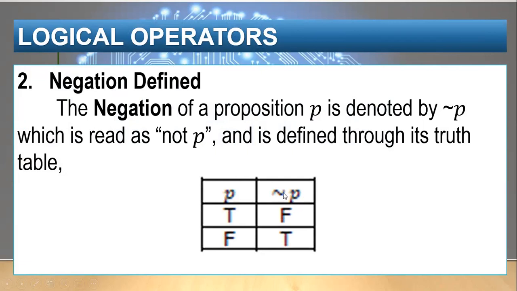Okay, so not P naman, kabaligtaran. So for the first row, we have P is true. Then yung not P, since not nga siya, negate or the opposite, we have the false. And then on the other hand, if P is false, then not P is true.